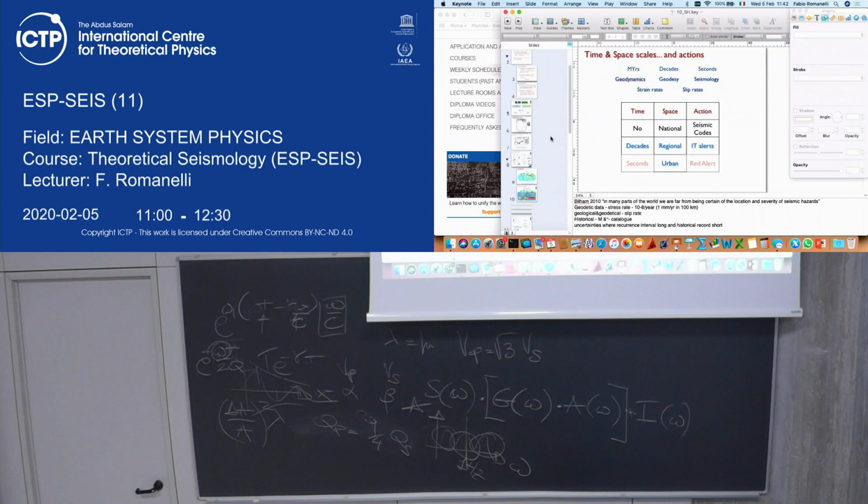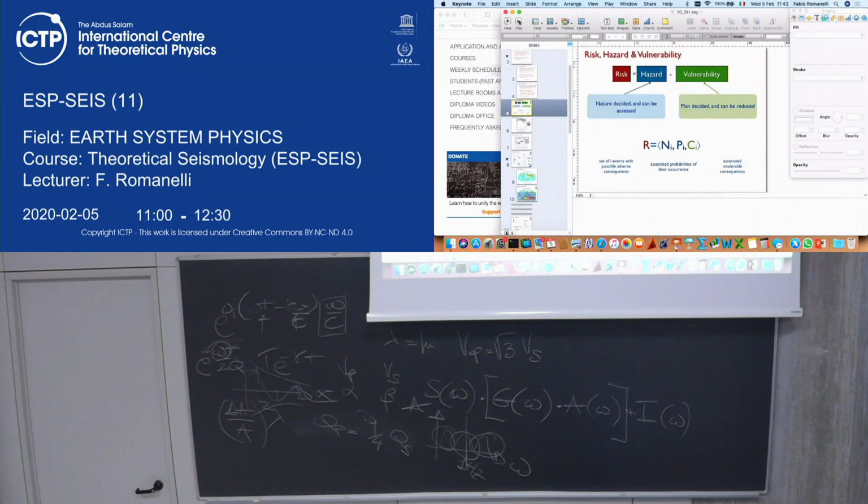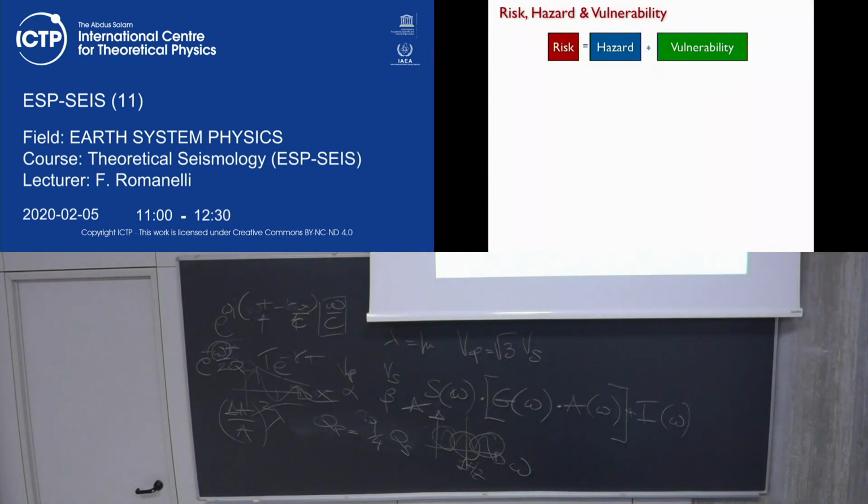Okay, let me cut the story short. I know all of you know this. Now, when you speak about hazard assessment and risk assessment, remember that they are separate, because in the risk we have to convolve in a very simple fashion with vulnerability. And definitely the first one is not decided by us.